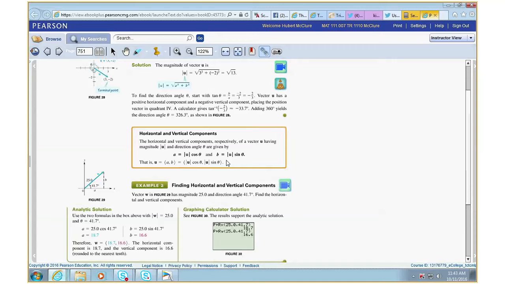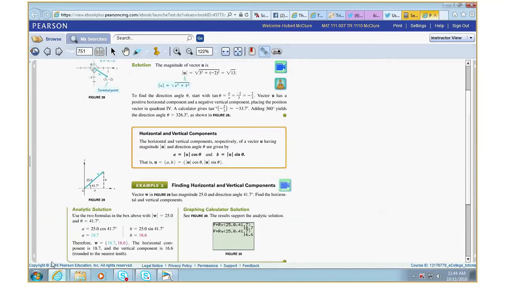And you can put y instead of b. y is equal to R sine theta. x is equal to R cosine theta. That's if they give you the hypotenuse and you need to find the legs.